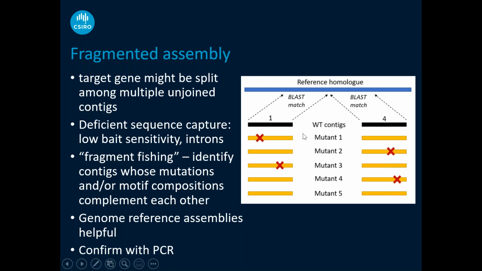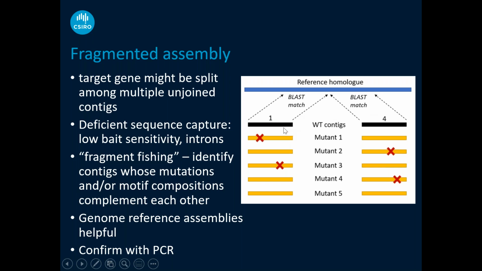For instance, if I found a contig that had only 2 independent mutations, I could blast this to a reference sequence such as Chinese Spring and identify a homologous NLR, which I could then blast back to my RenSeq wild type assembly and look for hits where the other mutants have mutations which complement the mutations in my original contig. Another thing to look for is the motif composition.